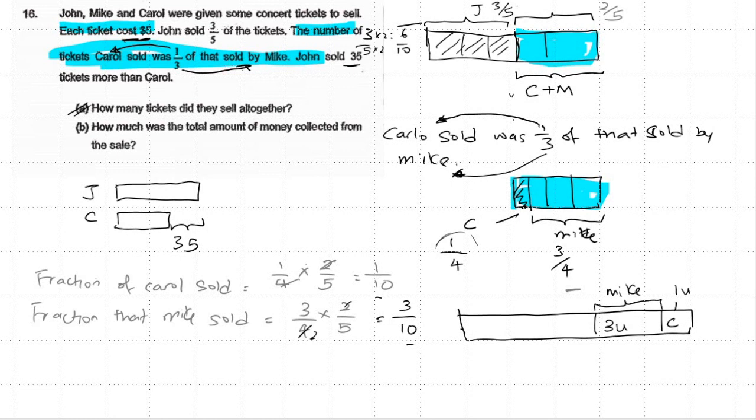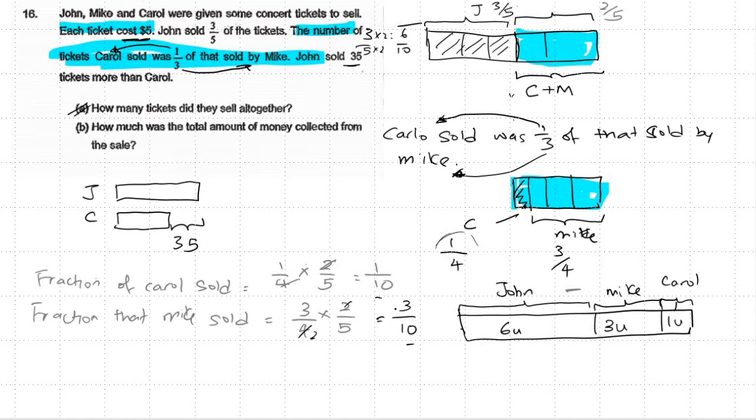Okay, maybe this should be less confusing. Here's 1 unit. Here's Carol's portion. And then the rest here will be 6 units. This is sold by John.